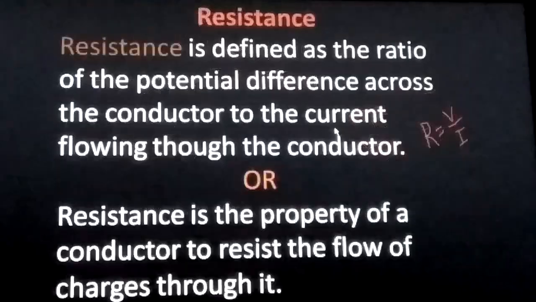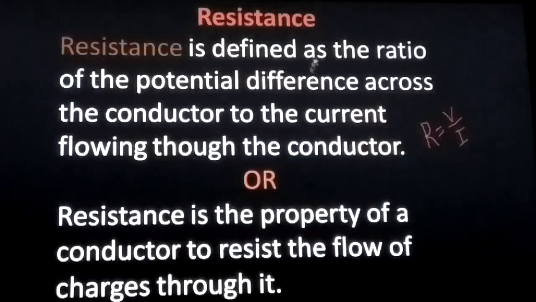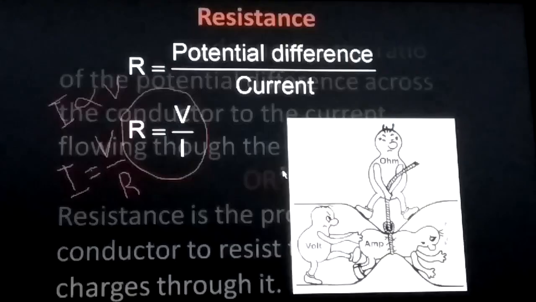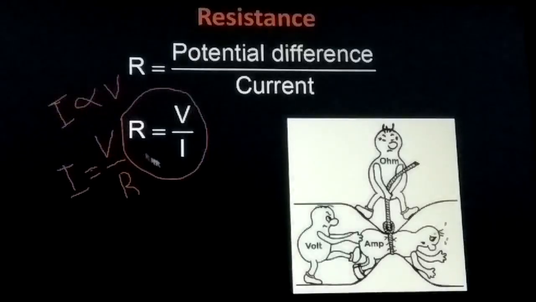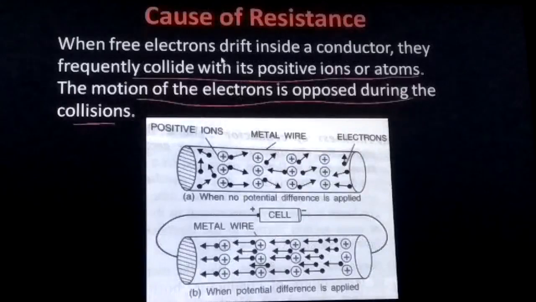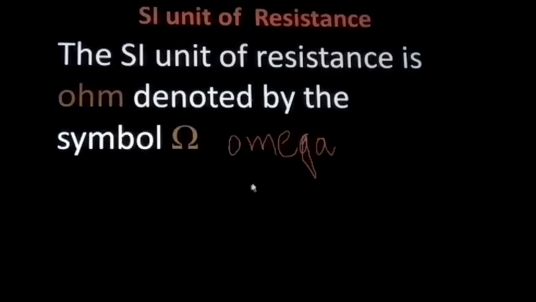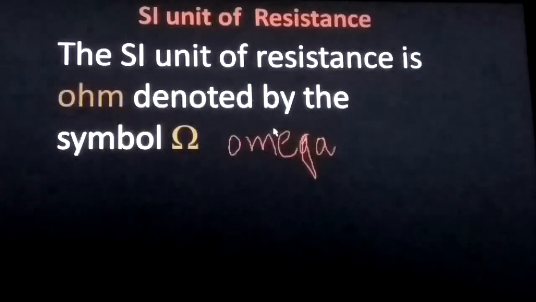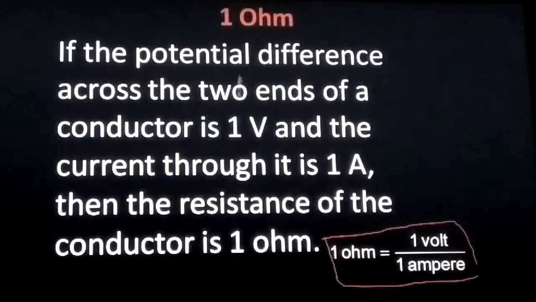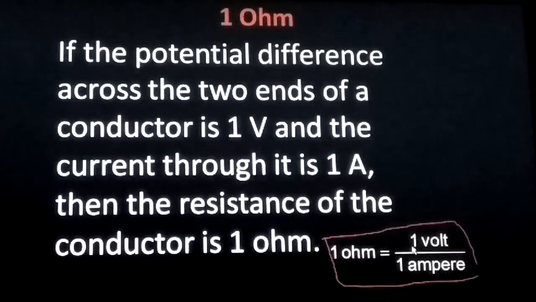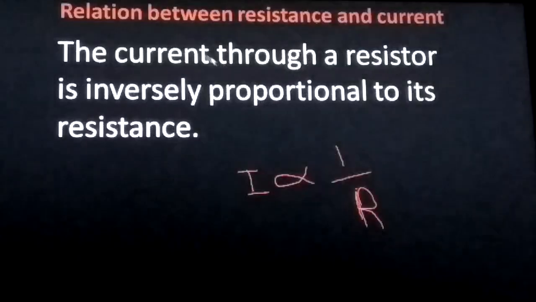Then the definition of resistance, the symbolic representation of resistance, and the causes of resistance. I think you have understood. Then the SI unit of resistance and the definition of 1 ohm. This is the key point to remember, 1 ohm, and the relationship between the resistance and the current.